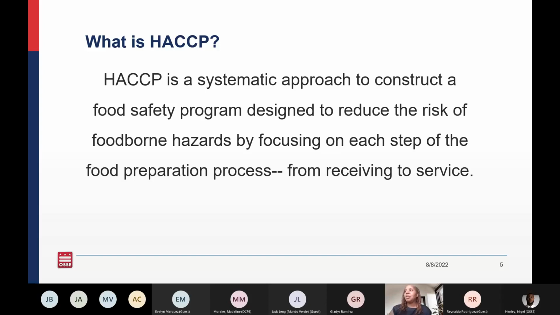The definition of HACCP is a systematic approach to construct a food safety program designed to reduce the risk of foodborne hazards by focusing on each step of the food preparation process. That process starts from the moment that the food is received until the moment that it goes on a plate for consumption.